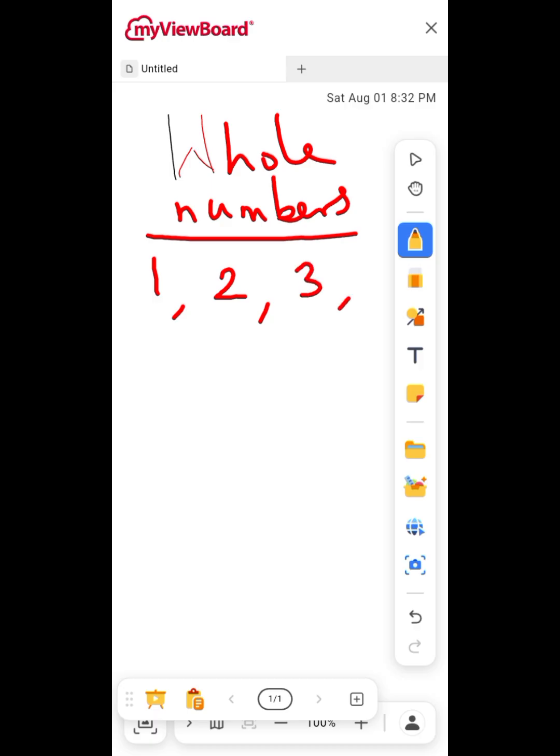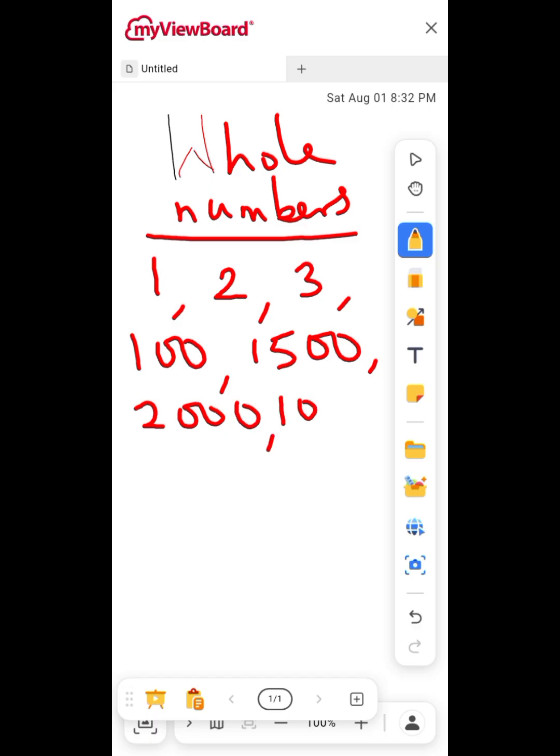Three, 100, 1,500, 2,000, 10,000 are examples of whole numbers. 1,000,000 is an example of a whole number, and so on and so forth.